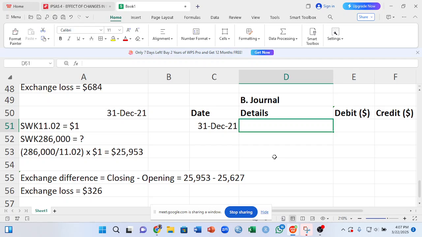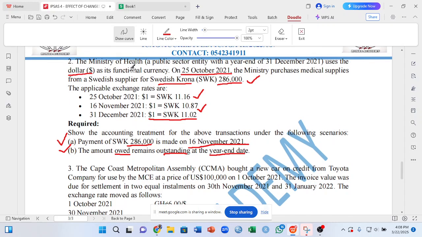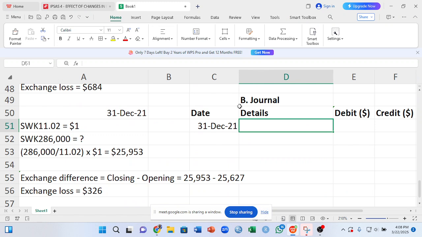Anyone? Let me go to the question. I think since there was no payment, we will look at the change in the figures, whether it was a gain or a loss. If it was a gain, then we will credit the statement of financial performance.